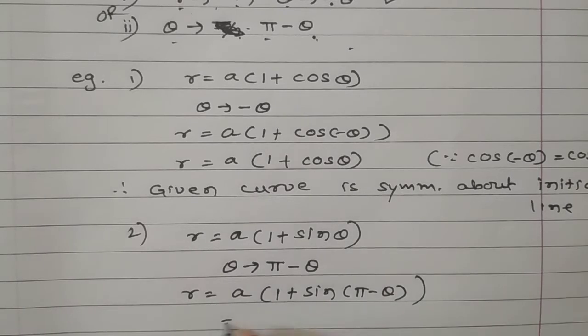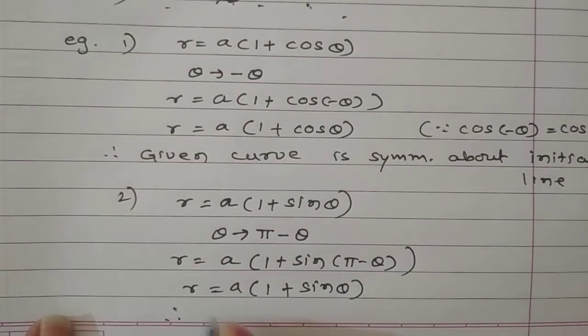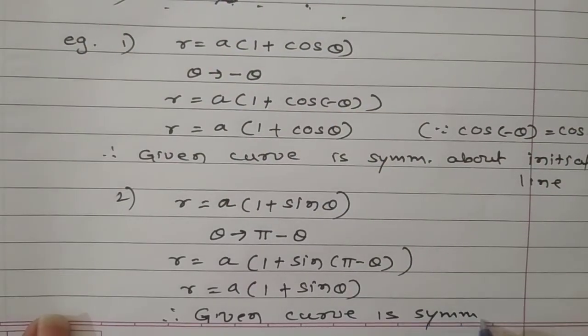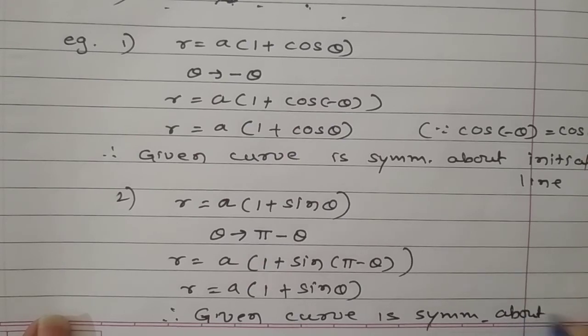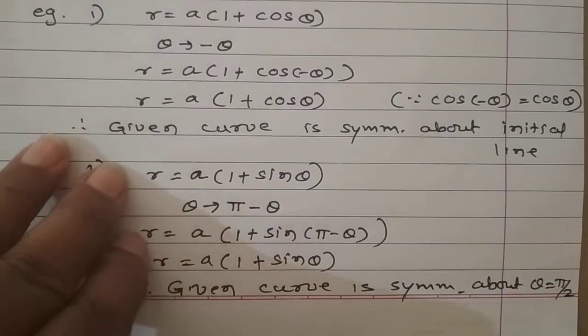And we know that sin of pi minus theta is nothing but sin theta, and therefore we get the same equation. There is no change in the given equation. Therefore we say that the given curve is symmetric about theta equal to pi by 2.